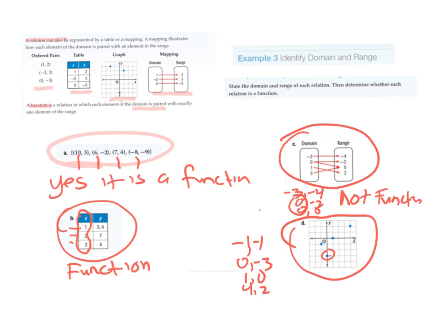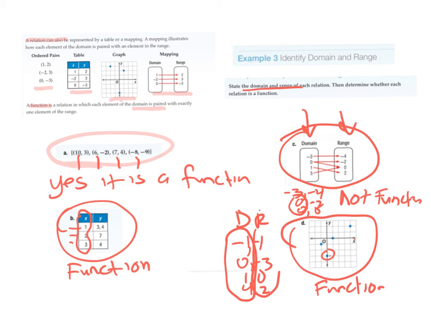So the x values are all different, so this is a function, but the instructions also say state the domain and range. Well, it's pretty simple in a map. There's our domain and there's our range, but in a graph, we have to identify them. So this right here would be our domain, these numbers, and our range would be these numbers. So writing out what they are helps you to identify domain and range and functions.